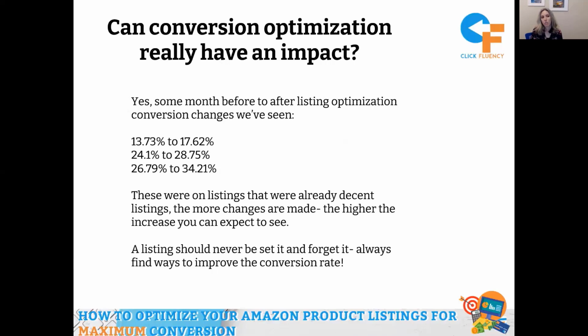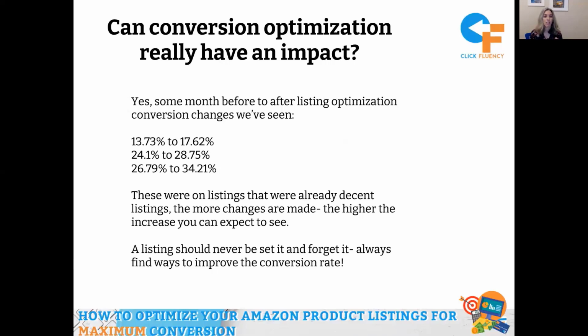You're like, well, it only increased by 8% converting. But if you think about how much traffic is going to a product listing, and then you add up that compound effect after 3 months or after 6 months of having that bump in conversion, you can see how that's really going to have a nice impact on your bottom line, on your profitability, on your desire to grow in sales with Amazon.